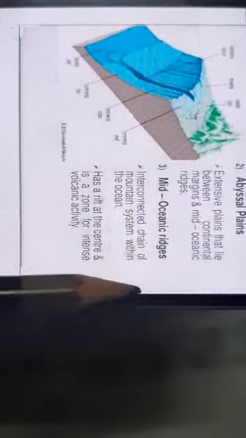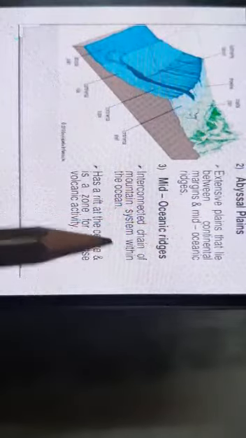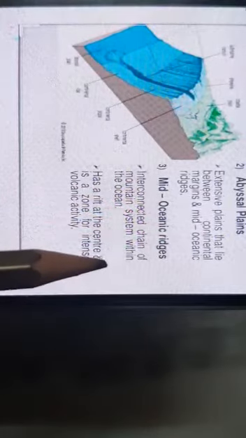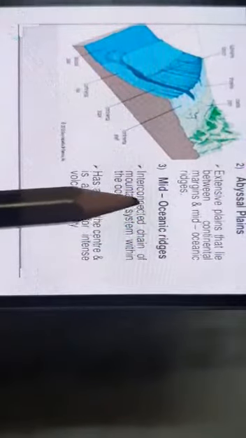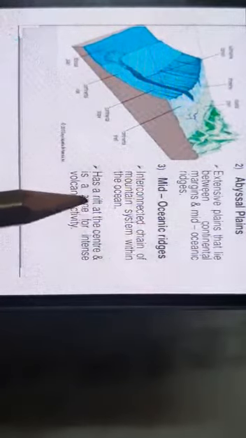Then the mid-oceanic ridge. We already discussed the mid-oceanic ridge, the middle part of the ocean, called the mid-oceanic ridge, and this is formed by volcanic eruption. We can say that this is the most sensitive zone for volcanic activities. So the mid-oceanic ridge is basically an interconnected chain of mountain system within the ocean, meaning it is interconnected from one ocean to another ocean.